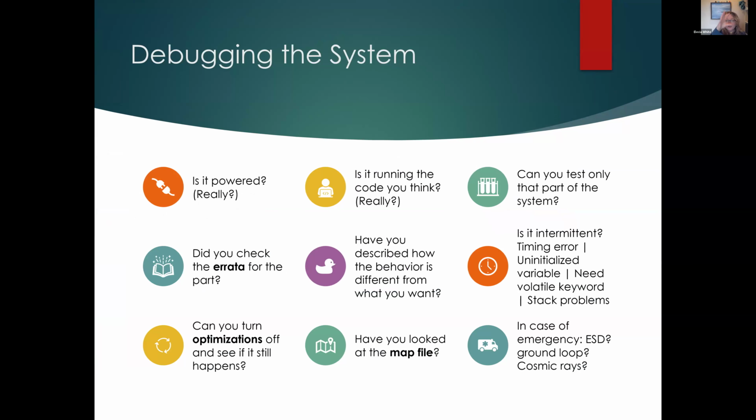So there's reproducing it and explaining it. In reproducing it, it's all about minimizing it. And explaining the bug is all about trying to figure out how it could possibly happen and trying to explain to other people the difference between what you want and what you're getting.